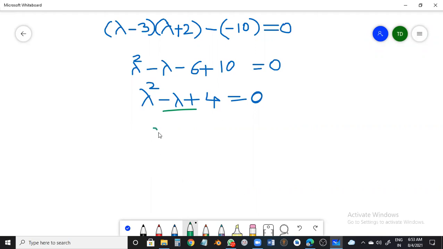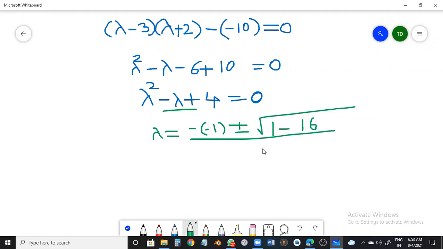So if you want, let us write the formula. Lambda is equal to minus b plus minus under root b square minus 4ac, and upon twice a. I think you are quite familiar with the formula, so there is no problem. So what is the value of lambda you got?